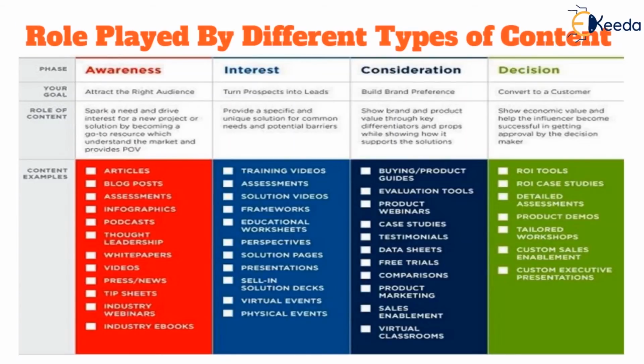To generate awareness, the content needs to spark interest and instant attraction, and encourage them to visit the platform. The best types of content to achieve awareness are articles, blog posts, infographics, podcasts, white papers, videos, tip sheets, industry webinars, ebooks, depending again on the kind of customers you want to attract.